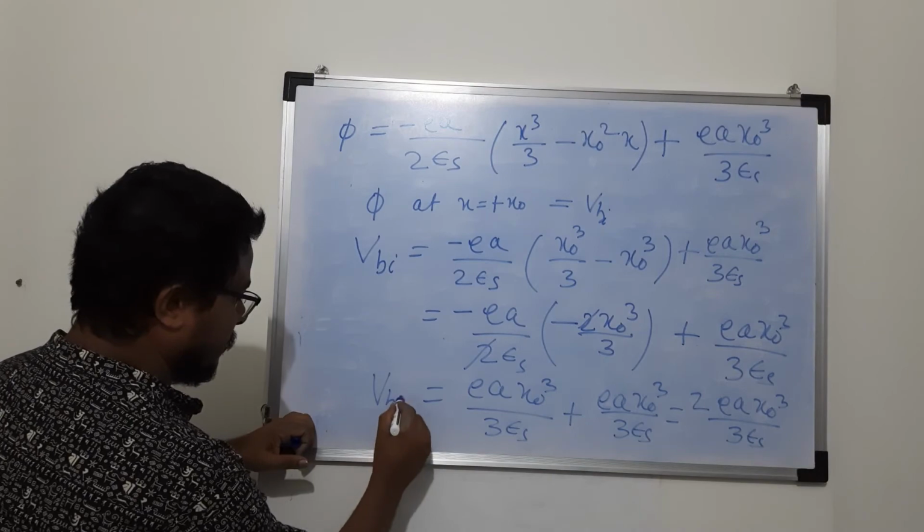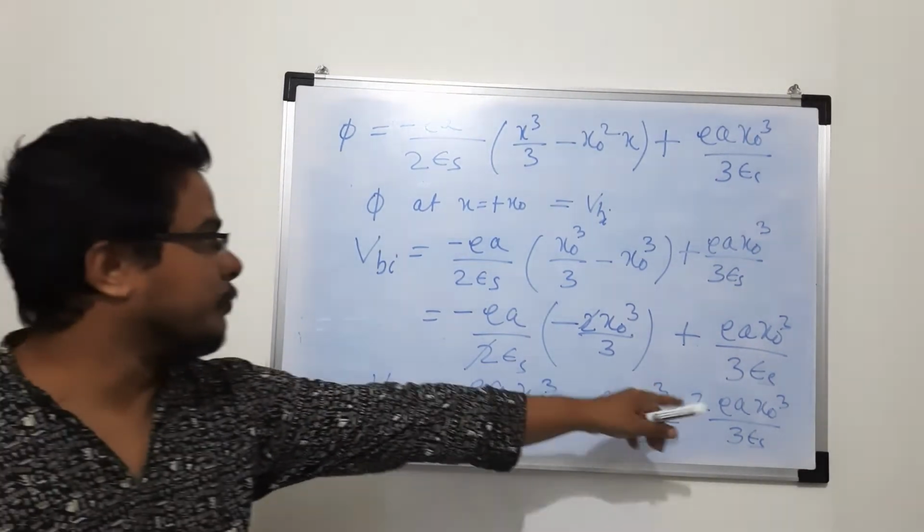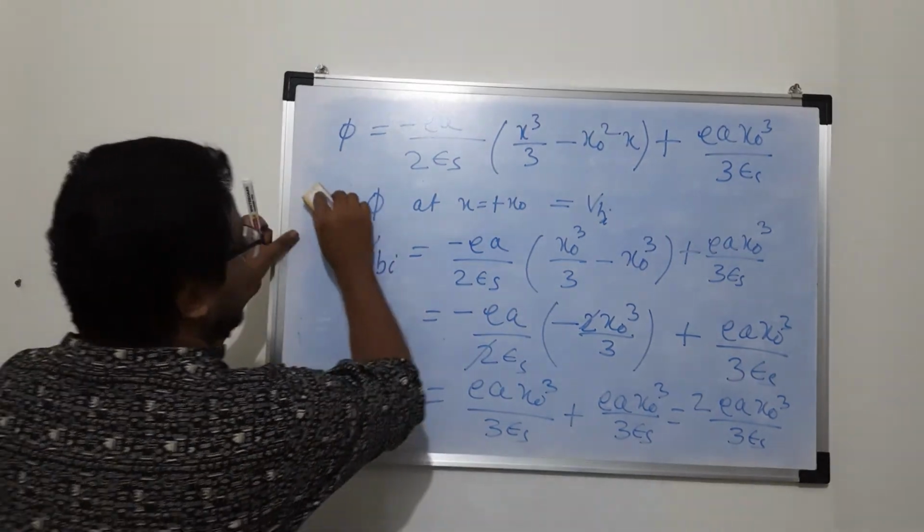So the built-in potential barrier we got to be this.